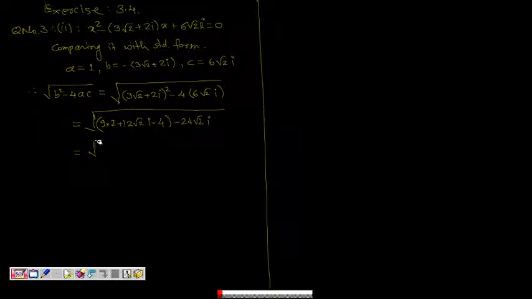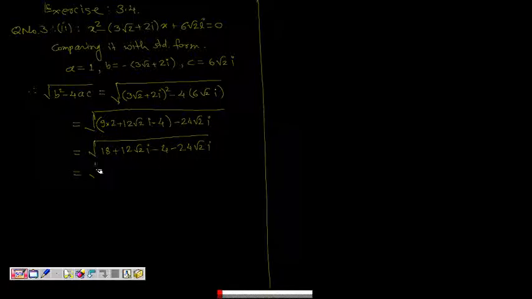Okay. Now 9 into 2, 18 plus 12 times root 2 i minus 4 minus 24 root 2 i.